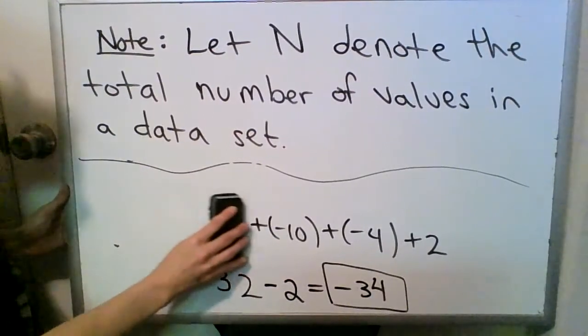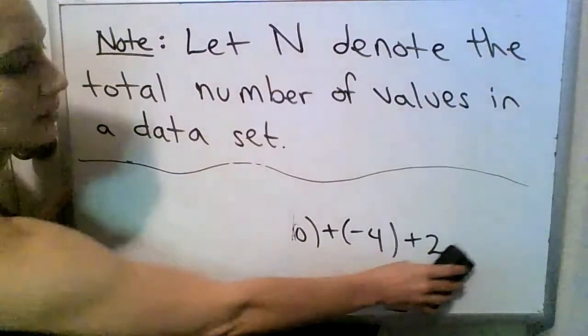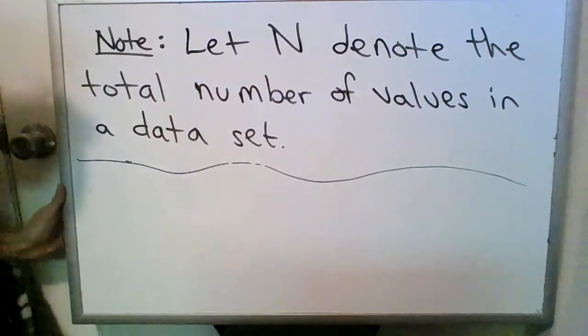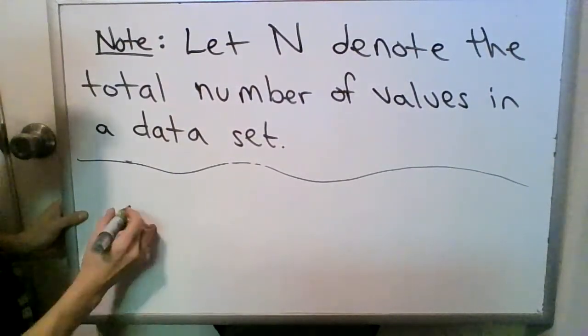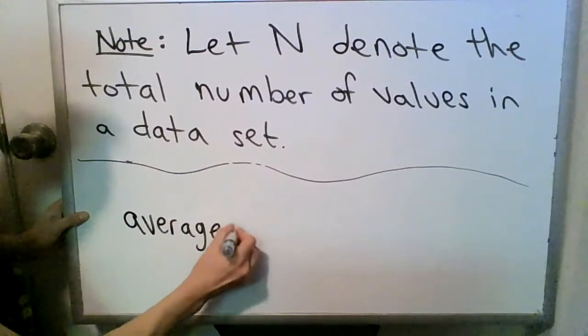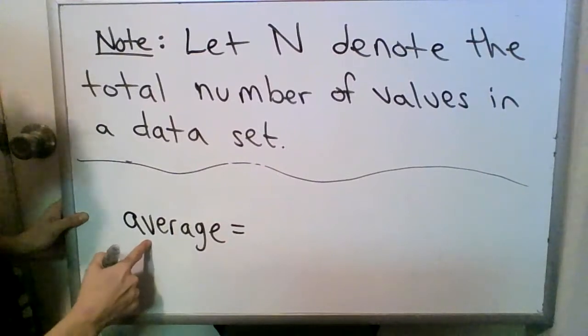So the next step, let's see. Yeah, it's a definition, or maybe next idea is the average of a data set. So just to let you know, average is also called the mean. So if I say mean, mean means average.